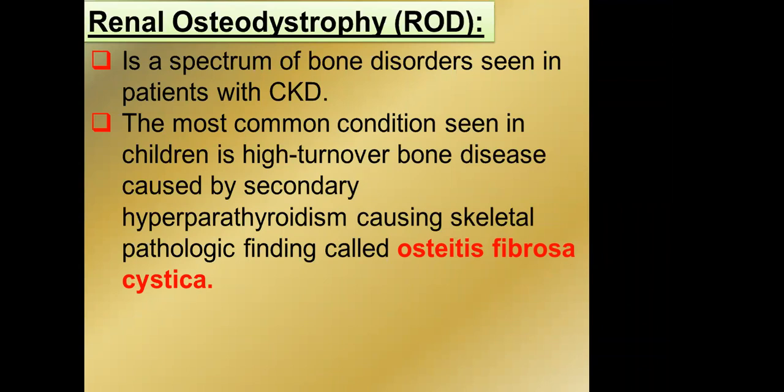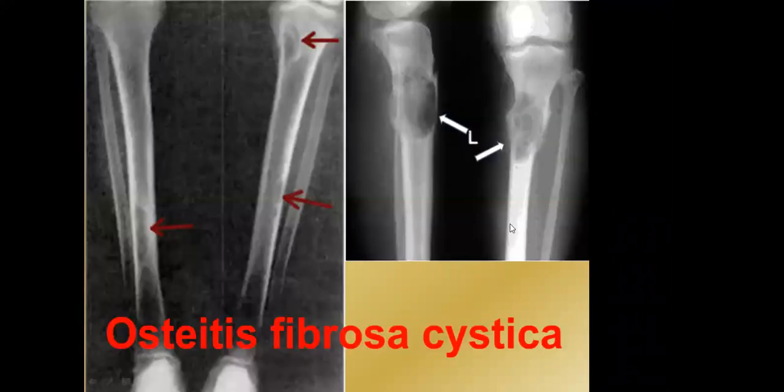So this high turnover, or hyperactivity of the bone and resorption of the bone, causes cystic lesions in the bone, which is called osteitis fibrosa cystica. This is what I mean by fibrosa.